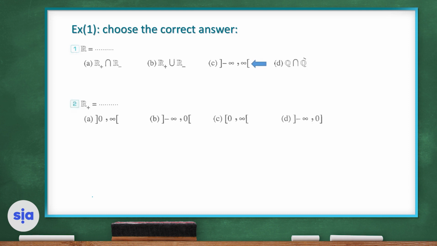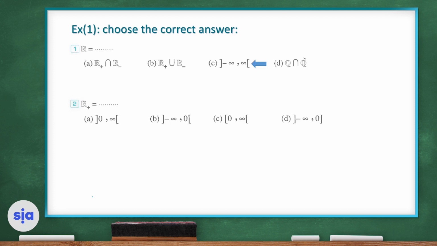Question 2, R positive is what? R positive is the set of all positive numbers, right? So, positive numbers, where do they start? From the 1? No, not from the 1, because there is a half. There is a quarter. From the 0? No, because the 0 is not positive.